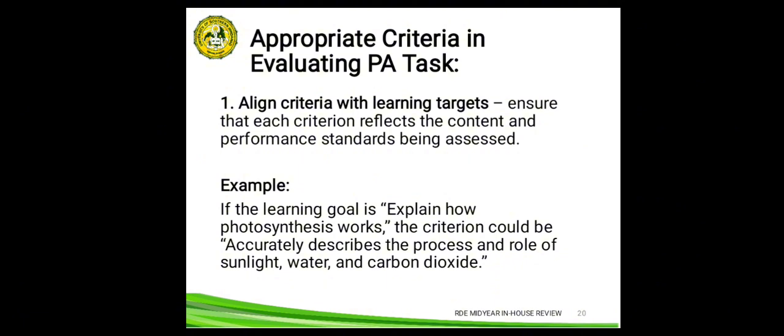Meaning, the criteria should directly measure what the students are expected to learn based on the content and the performance standards. For example, if the learning goal is to explain how photosynthesis works, the criterion could be: accurately describe the process and role of sunlight, water, and carbon dioxide.